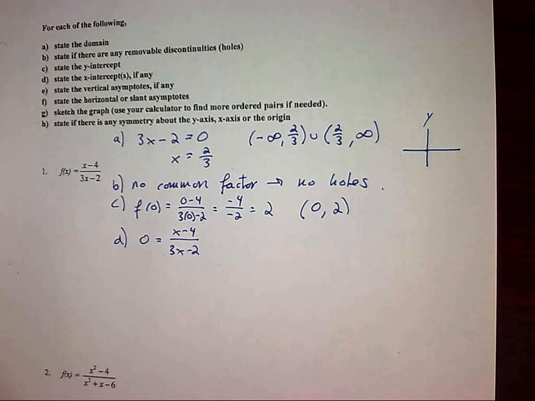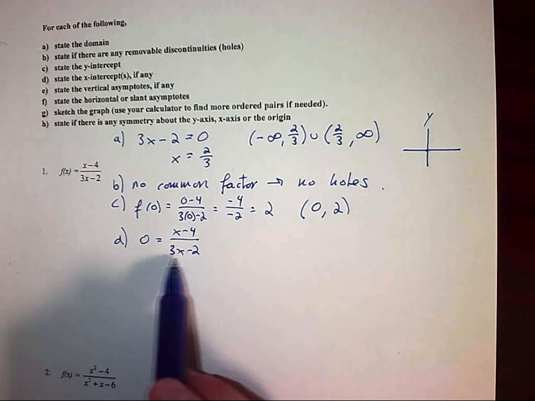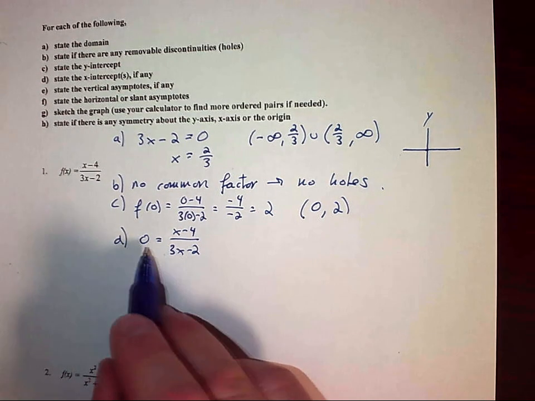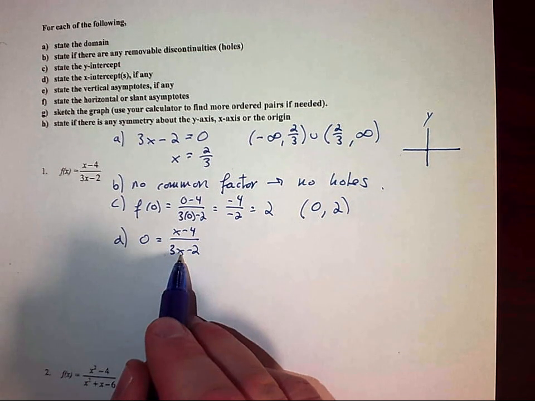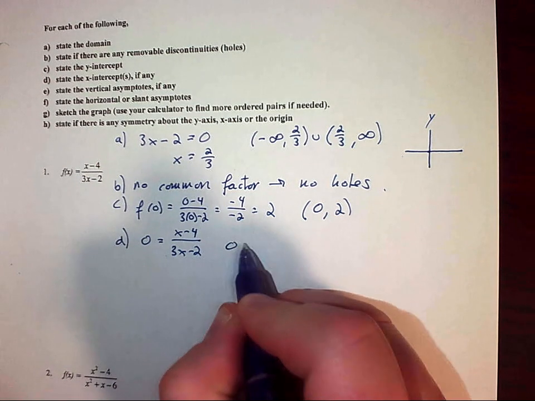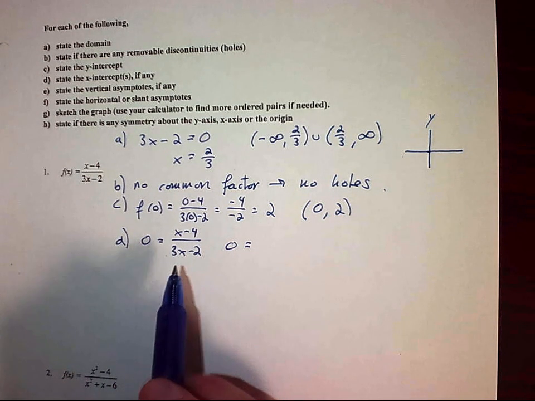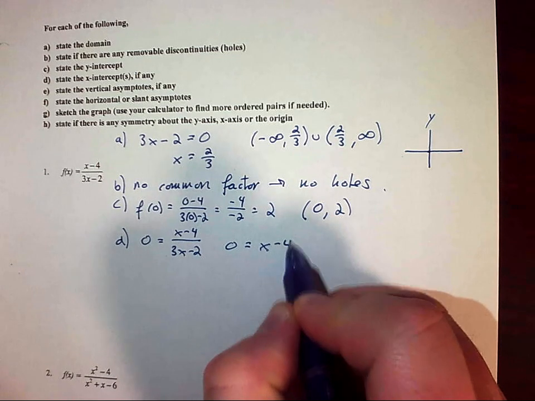So if we try to solve for x, the first thing that we're going to do is multiply both sides by this denominator, 3x minus 2. If we multiply both sides by the denominator, we're going to have 0 times 3x minus 2, which is still just 0. And if we multiply the right-hand side by 3x minus 2, we can get rid of our denominator, so we just have this.